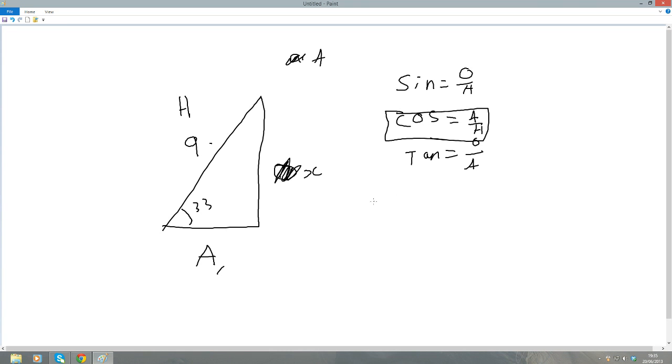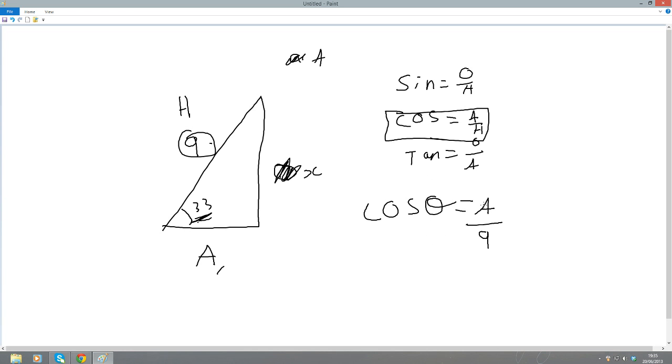So this is what we do. Cos theta, which is very important, equals A, and instead of writing H we just transfer this number into the formula, so that's A over 9.